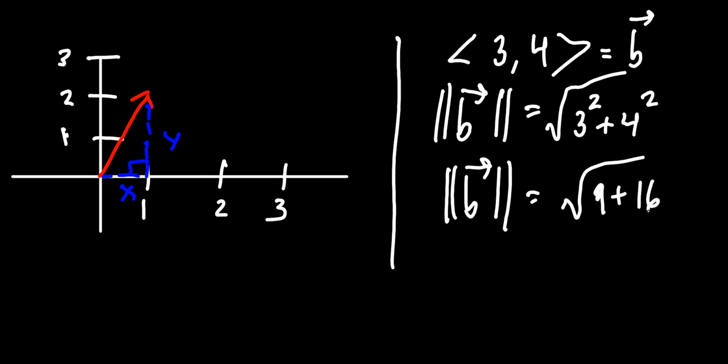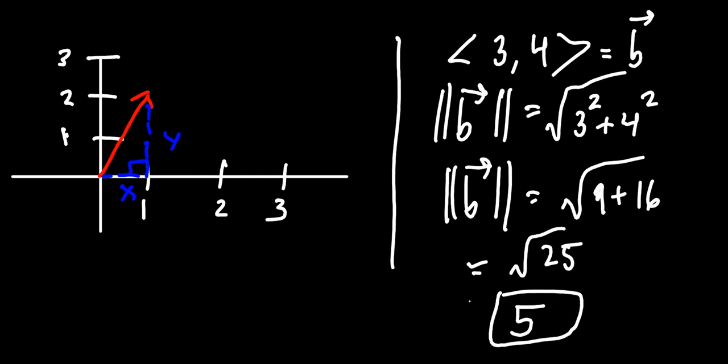Now let's simplify everything. This is going to be equal to square root of 25. And the square root of 25 is, in fact, a perfect square, and the magnitude in this case is 5. So that is the magnitude of vector 3, 4.